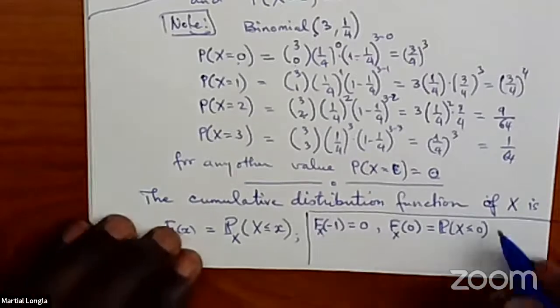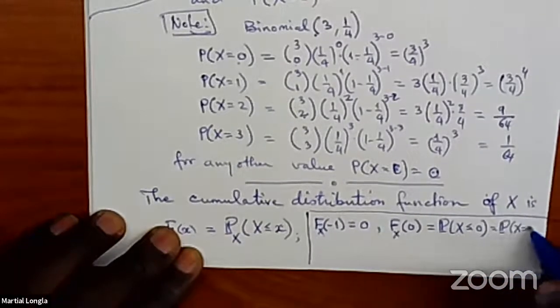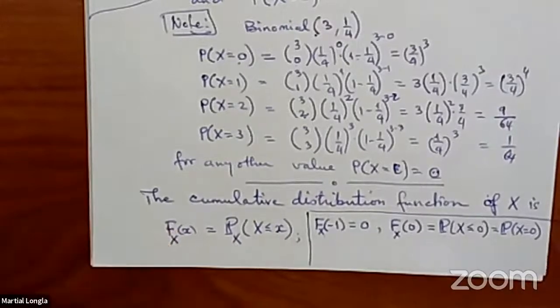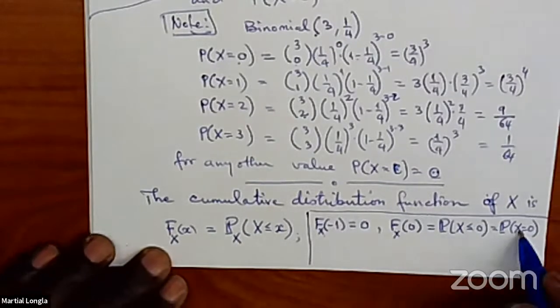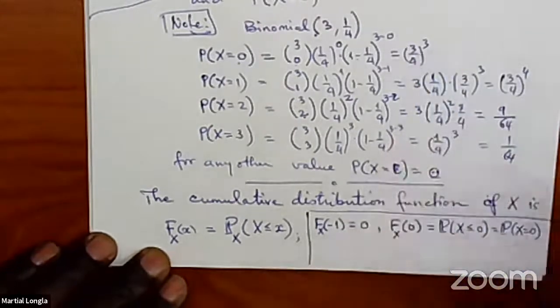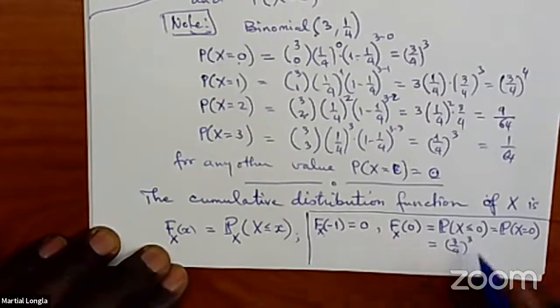That's why it is equal, in this case, to probability that x equals 0, because it's the only value that satisfies that inequality. And the probability that x equals 0 is 3/4 cubed. So that's why this is 3/4 cubed.